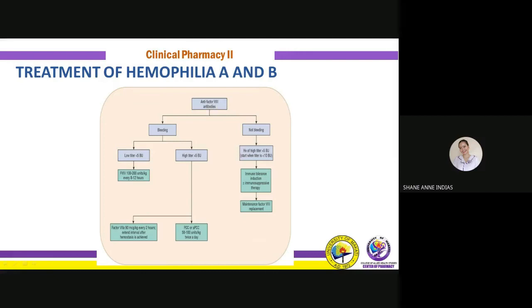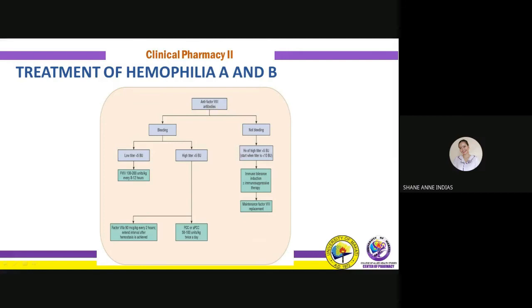So the development of an inhibitor is the result of a complex interaction between a patient's immune system and genetic and environmental factors. So, ano ulit, yung inhibitor na yon is a polyclonal high affinity immunoglobulin G directed against the factor 8 or factor 9 protein.